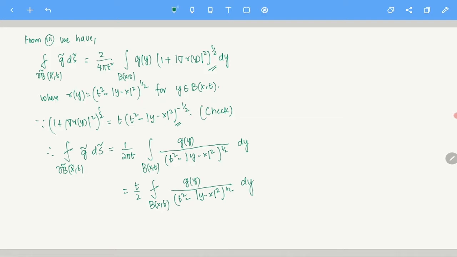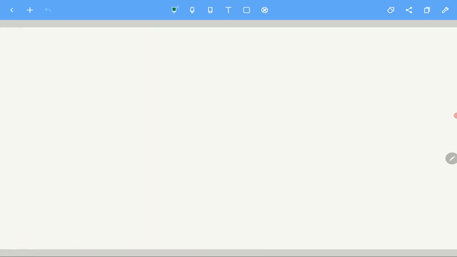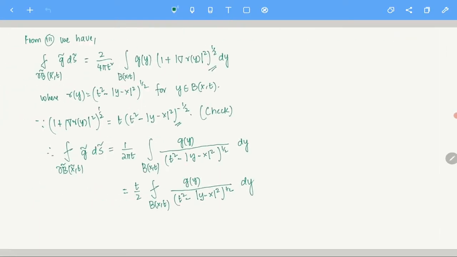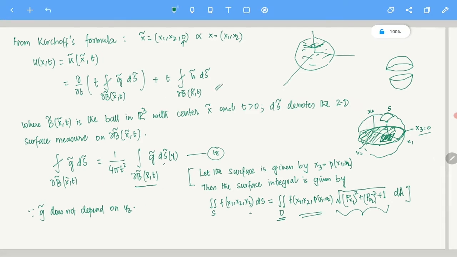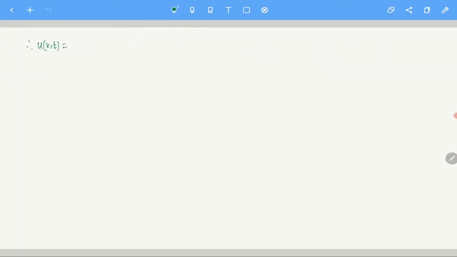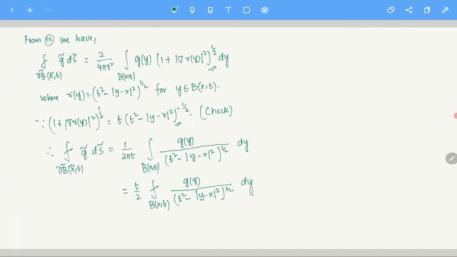Now you see, therefore what do you have? U of xt, how does it look? You remember this formula, right? The average of g tilde is this, and u of xt is given like this, so I will put that average of g tilde in here. Then u of xt is half of del t of t square, because already one t is there and this t part is there, so t square.